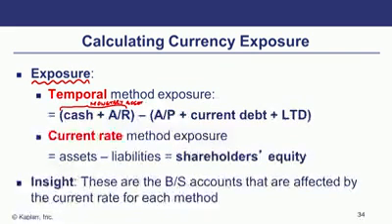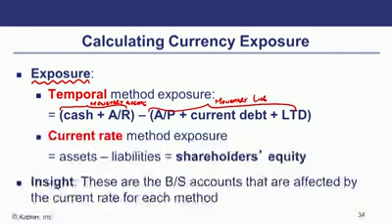So monetary assets less our monetary liabilities. Now notice when we do that, we've only got a few monetary assets, cash and accounts receivable. The really big assets, PP&E, intangibles, inventory, are deemed to be non-monetary under the temporal method and therefore are not exposed to closing exchange rate fluctuations.